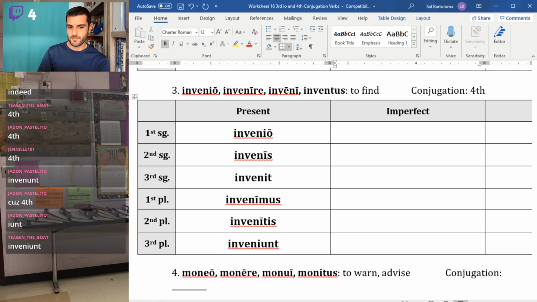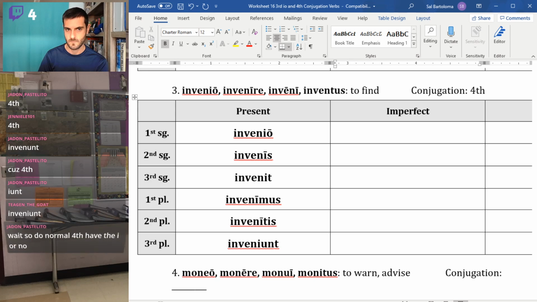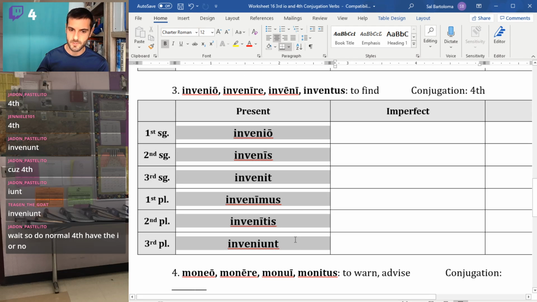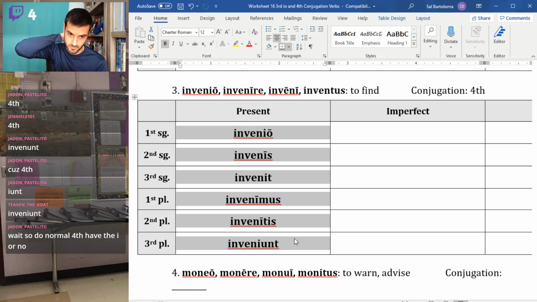How about the imperfect? Do fourth conjugation verbs have the I? Yes. You have an I in all of your forms for fourth conjugation. I don't know what you mean by normal fourth, but every form.